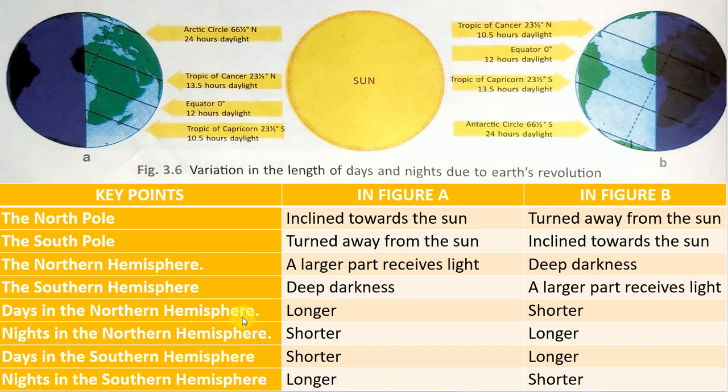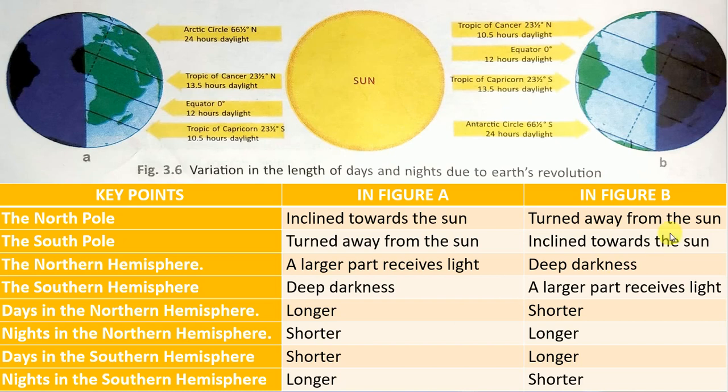In the northern hemisphere the day is longer, but in the southern hemisphere the day is shorter, whereas the nights are shorter in the northern hemisphere and longer in the southern hemisphere. There is a far greater difference between the lengths of days and nights in the northern hemisphere if we compare it to the southern hemisphere.